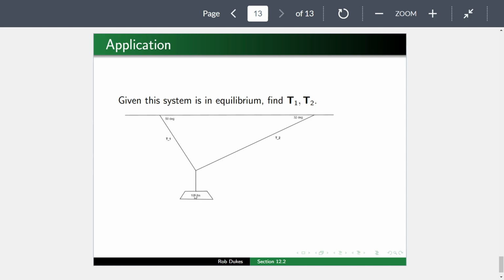So there's a 100-pound weight here. And there's a string at a 50-degree angle and a second string at a 32-degree angle. Find out what forces these are. How do we do this? Well, let me copy the picture here.